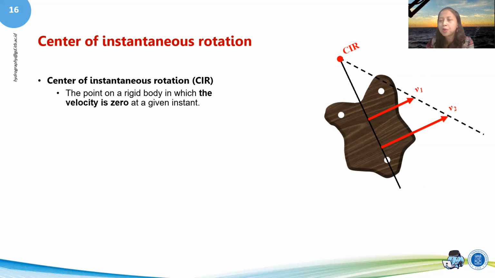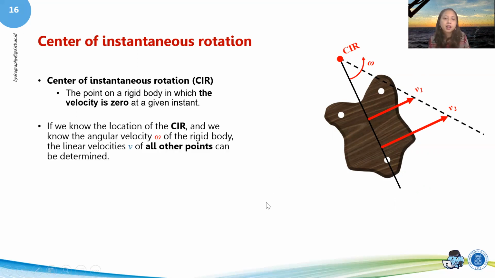So we can know where the center of instantaneous rotation is, where the motion is focused. And when we know the center of instantaneous rotation, we will be able to calculate the omega. If we look at the equation here, we can calculate the omega by just measuring from here to there, for example.